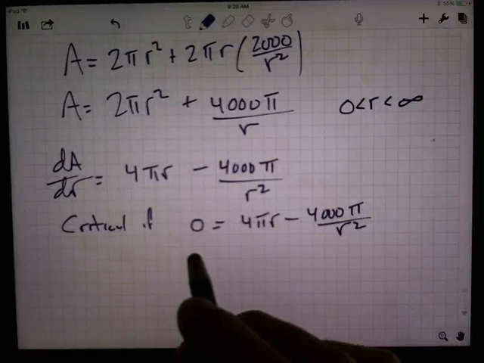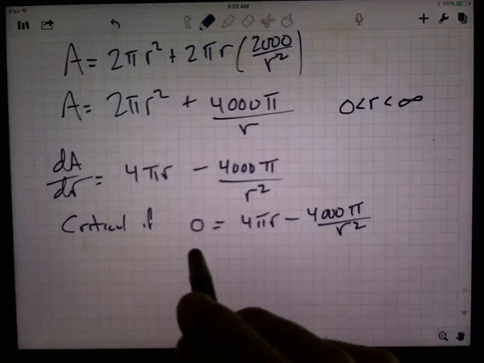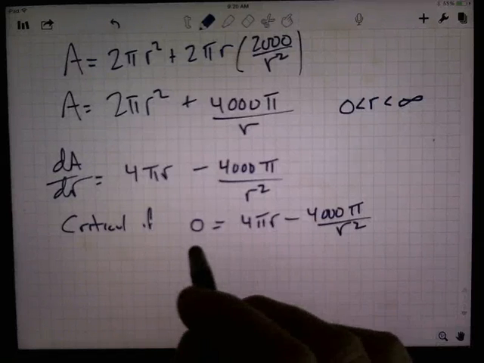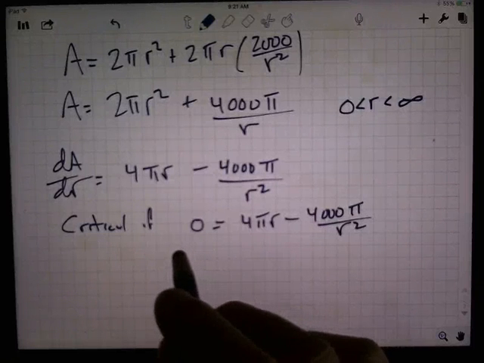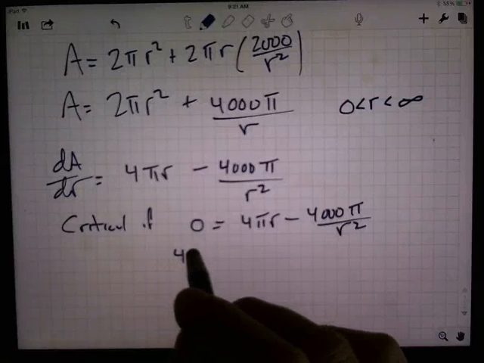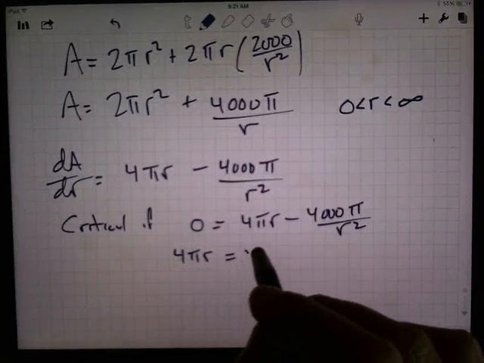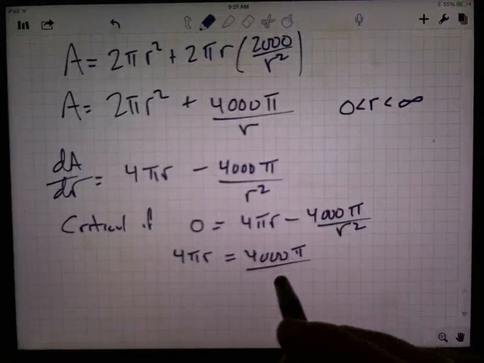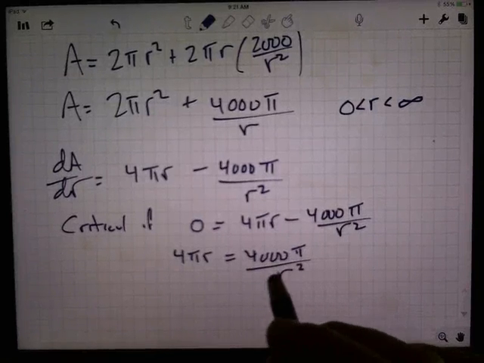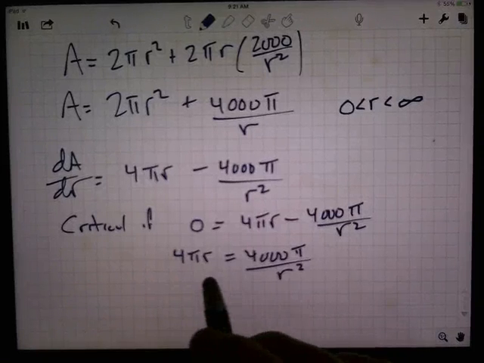So solve for r. I've got 4 pi r equals 4,000 pi over r squared, so I multiply by r squared and divide by 4 pi.